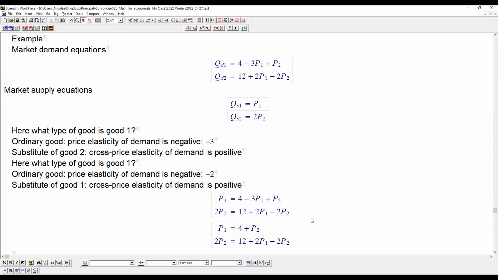So here I get 4P1, and then I get minus 2P1 minus 4P2.